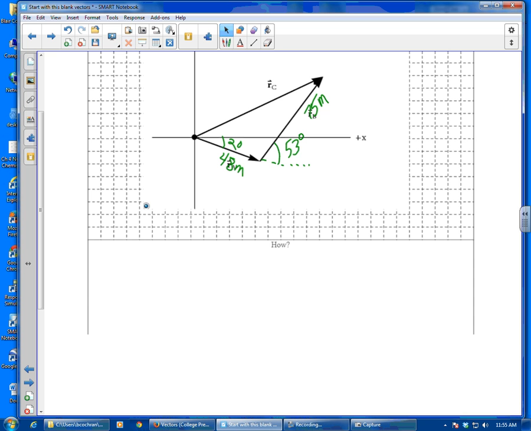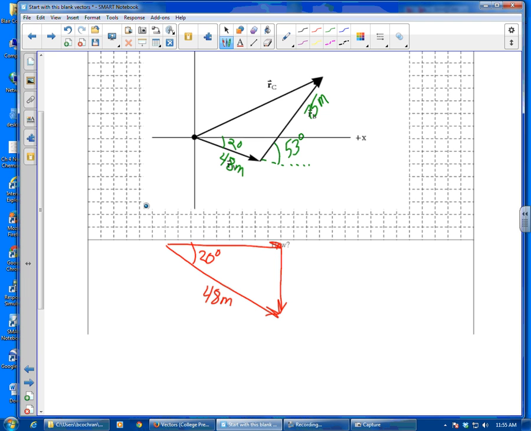Here we go. So, my first step is going to be to take the 2 vectors that I'm trying to add together and break them into components. Here's vector RA, which is 48 meters long. I'm going to break it into a horizontal component and a vertical component. And I know that this angle is 20 degrees in there.